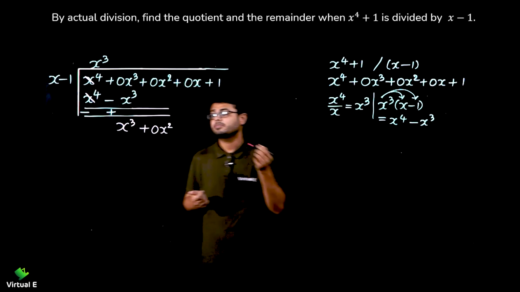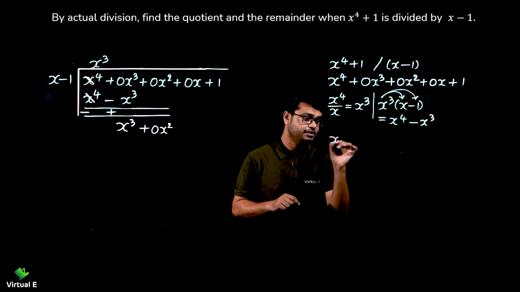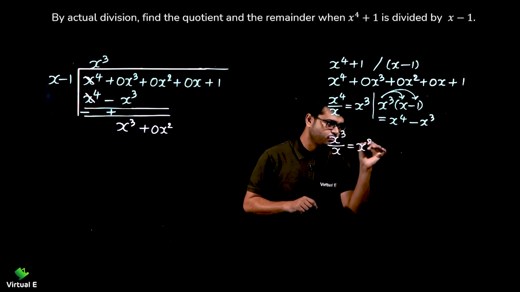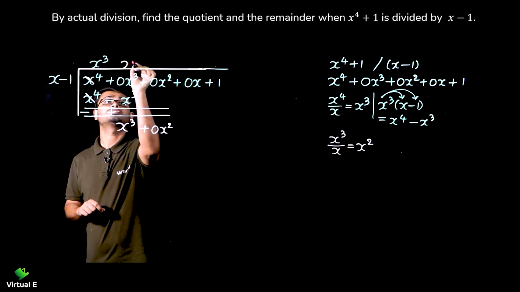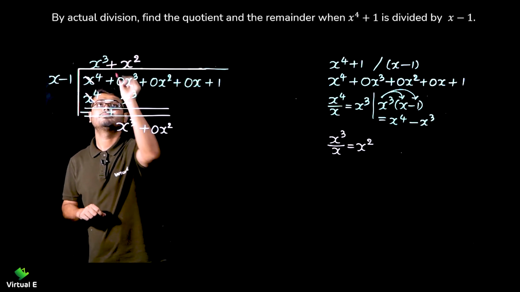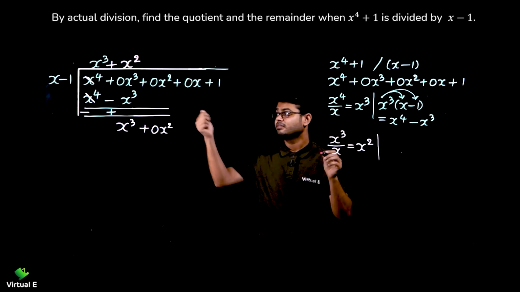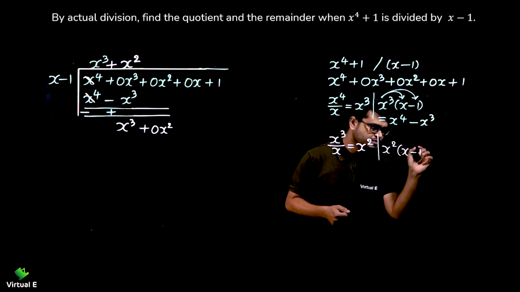Now let's repeat the step. x cube divided by x will give you x square. Now this x square, where are we going to write? Into the quotient. So x square here. And I told you if there is no sign, we need to keep it as plus. So now this term will be multiplied with what? With the divisor. So x square into x minus 1.